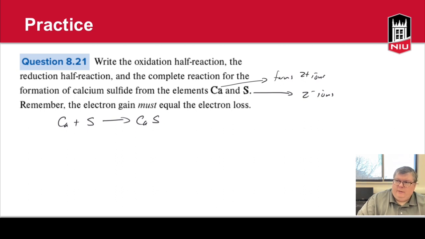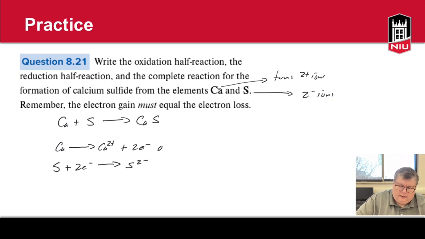Well, calcium forms a plus 2, so calcium goes to the calcium ion plus 2 electrons. And then the sulfur gains 2 electrons to become the sulfide ion. So here's our oxidation half reaction. Here's our reduction half reaction.